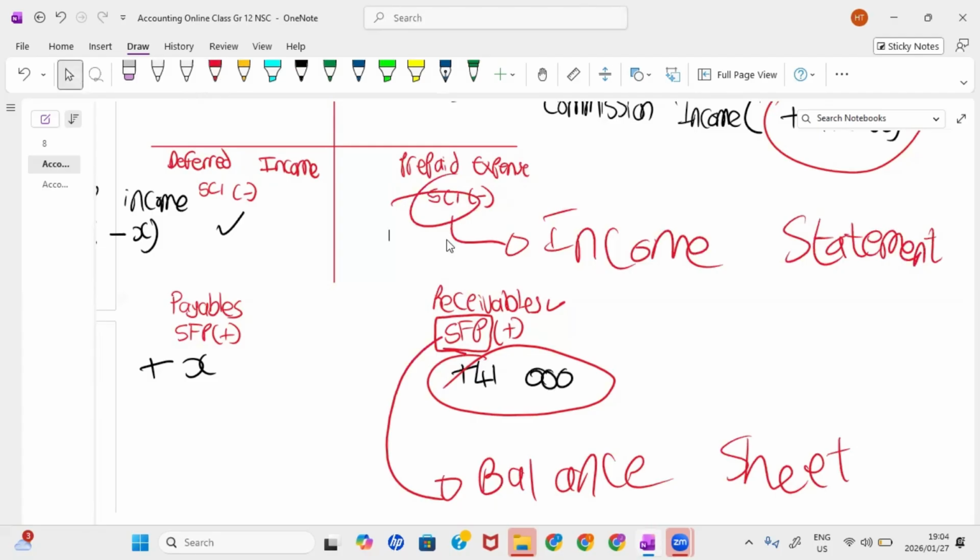Sometimes I say income statement, sometimes I say statement of financial position. You should just know I'm talking about the same thing. Even when I talk about statement of financial position and then also say balance sheet, I'm talking about the same thing.